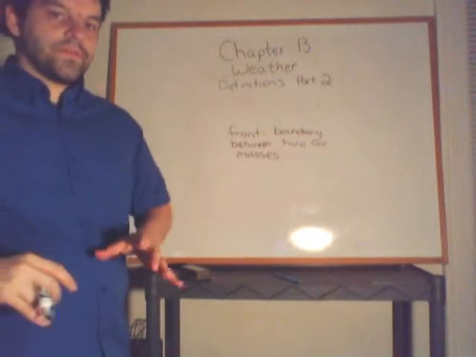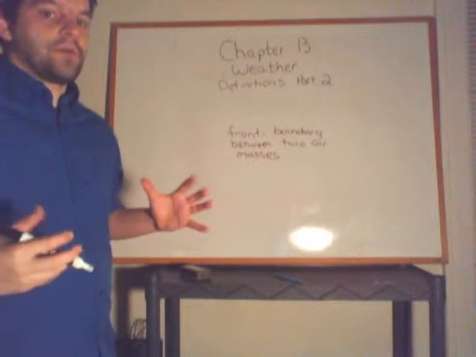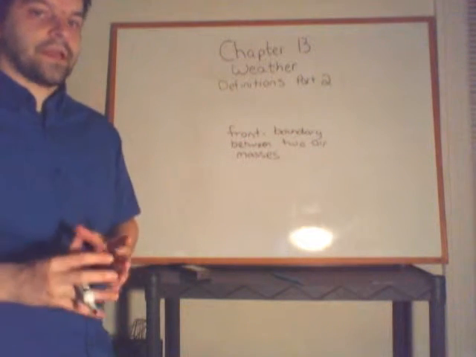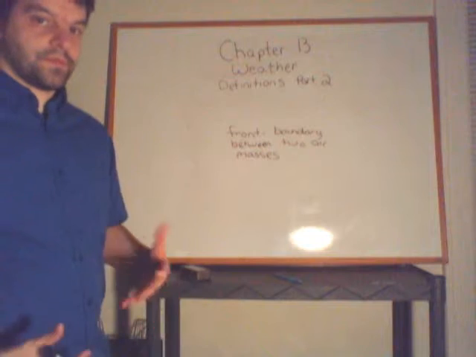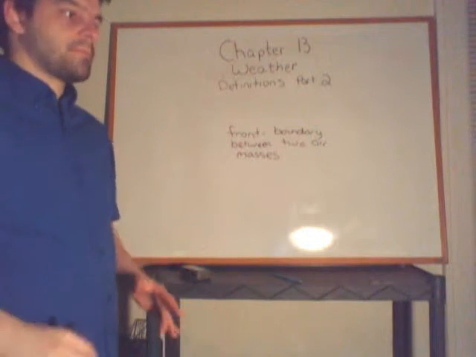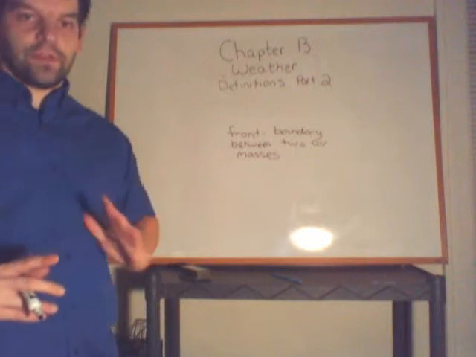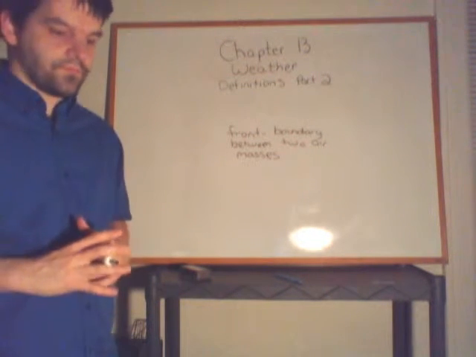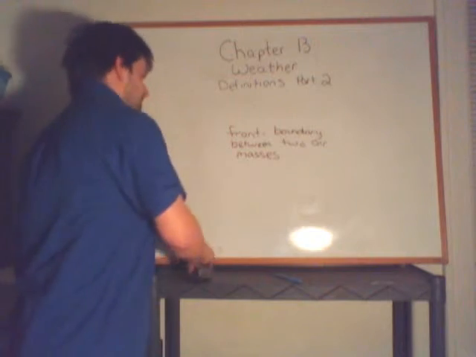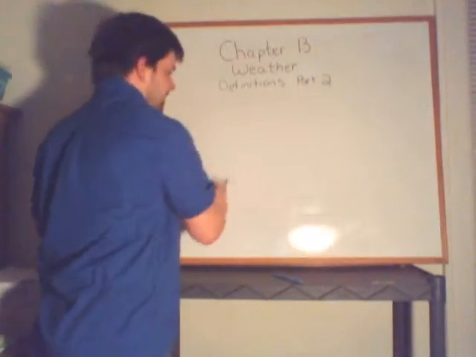So the air mass itself is a large body of air that is with uniform temperature, pressure, and humidity, but the front itself is a boundary between two air masses. Okay. Let's look at our next definition.